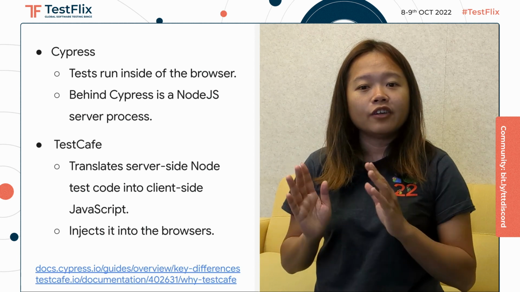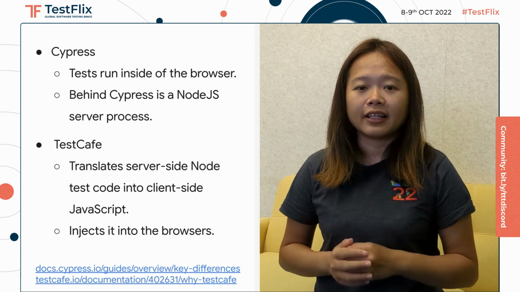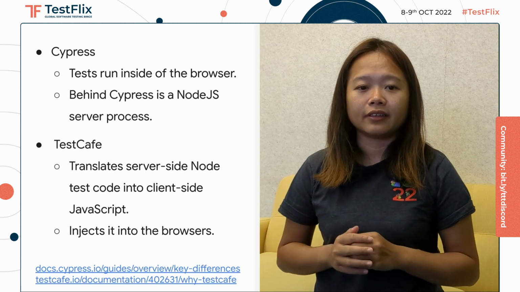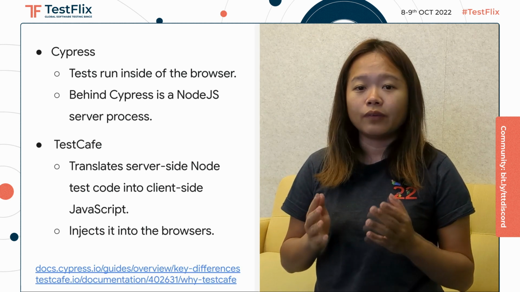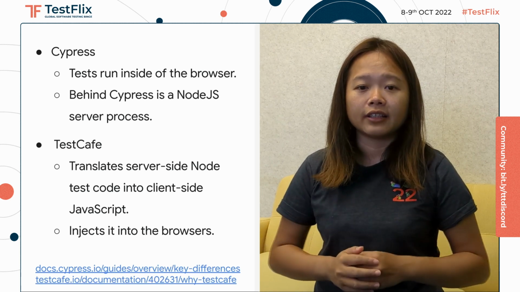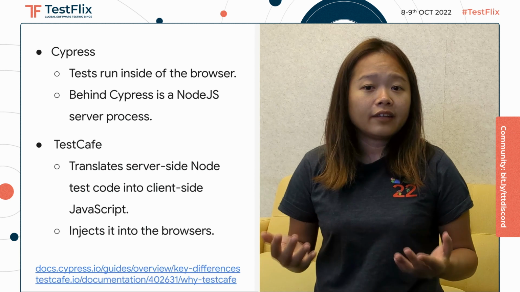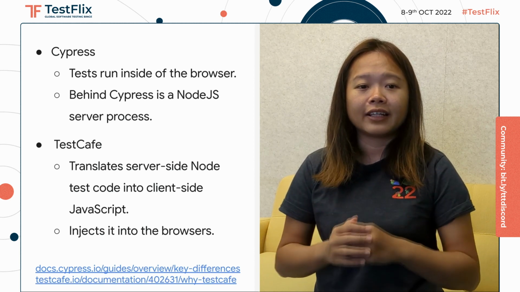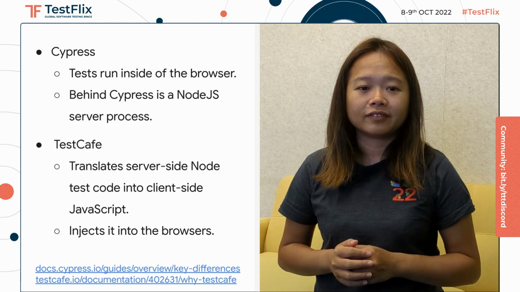For example, frameworks like Cypress and TestCafe use JavaScript to run the tests in the browser. Similar to WebDriver and CDP, these frameworks have their own set of challenges as well. Therefore, these frameworks also support CDP for you to get a lower level of control.